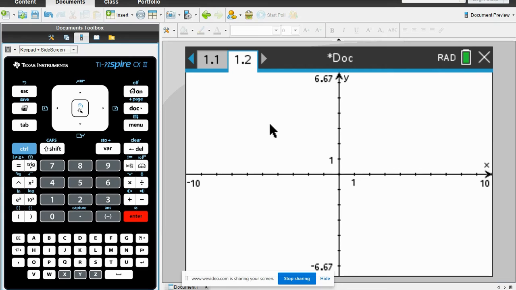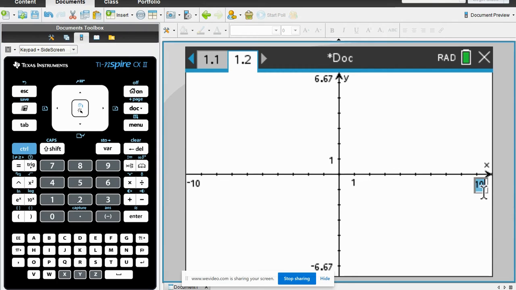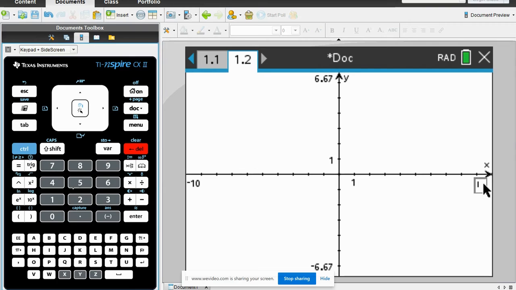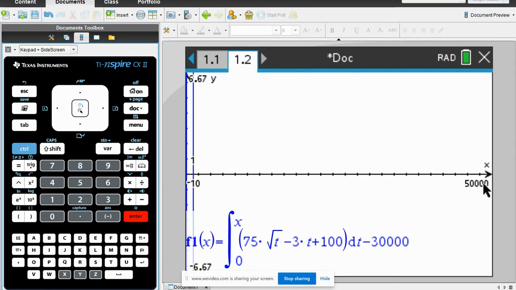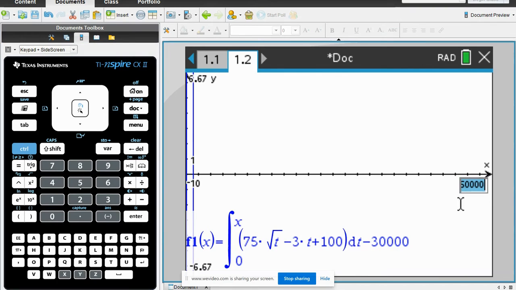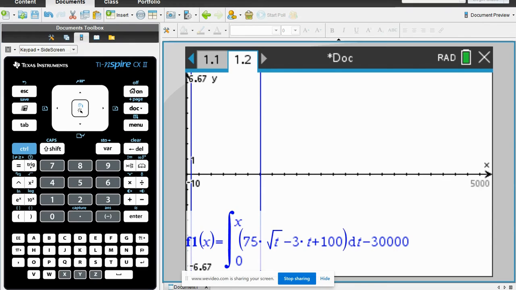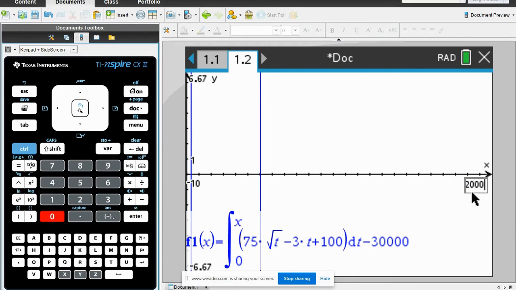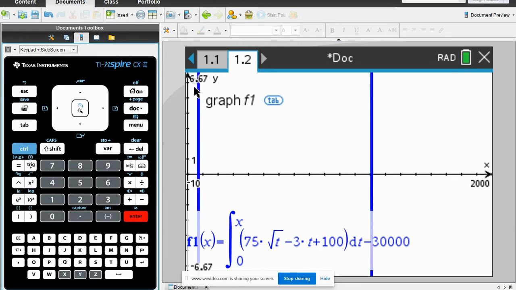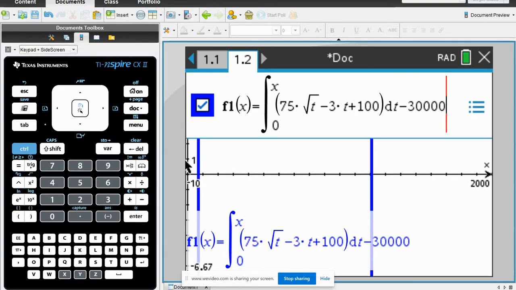Okay, and then it graphs, and we want to zoom out of this graph pretty substantially, so let's go maybe 50,000. Oh, don't need to go that large, so let's maybe go 5,000. Closer, maybe go 2,000. And just for kicks, let's try to make our vertical be a little bit better.